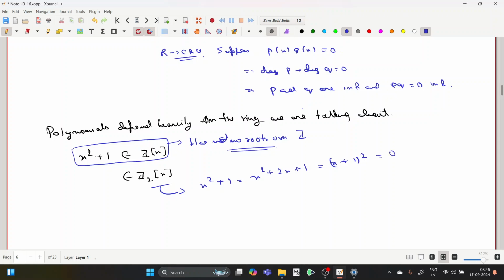If I equate this to 0, I should get x equals 1 as a root. And you can also verify this by just putting 1 in, because in this case, the operation is modulo 2. So it is extremely important to check with respect to which ring we are talking about a polynomial.